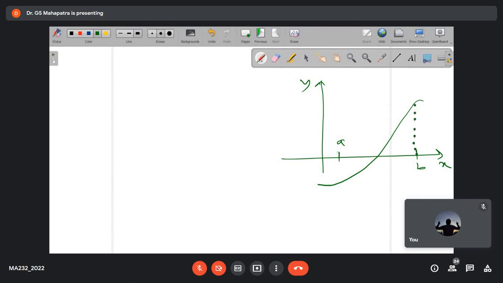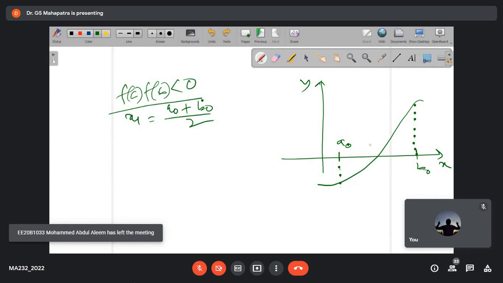Both f of A and f of B satisfy the condition. Then what is the x1? Say this one is x0, so a naught plus b naught by 2. This is as so, but graphically it's not exact, I will consider it approximately. Okay, clear then.